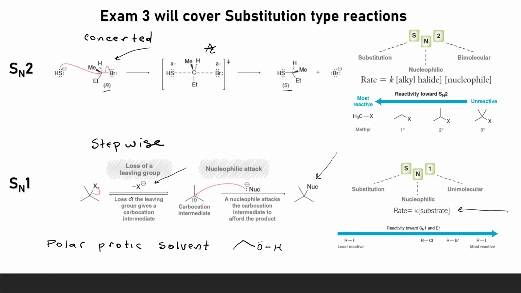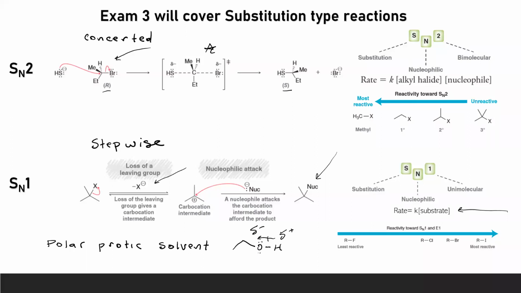And what happens is when you're using a polar protic solvent, you have this induction that occurs within the solvent because of the difference in electronegativity between oxygen and hydrogen.